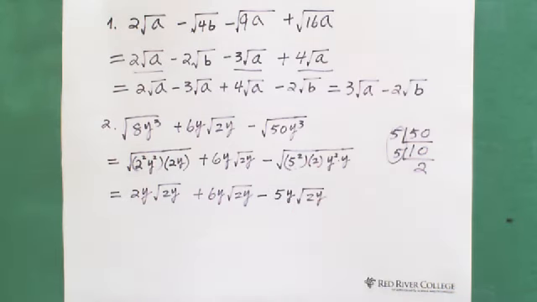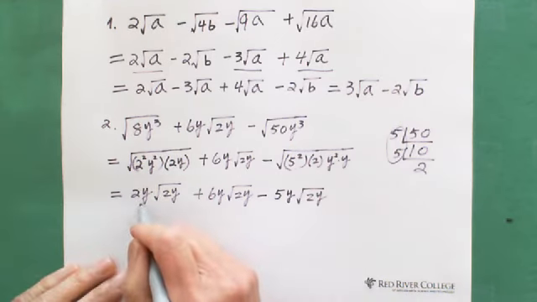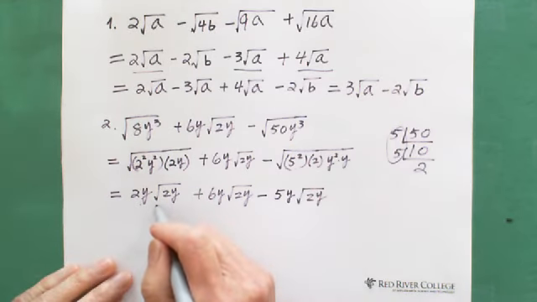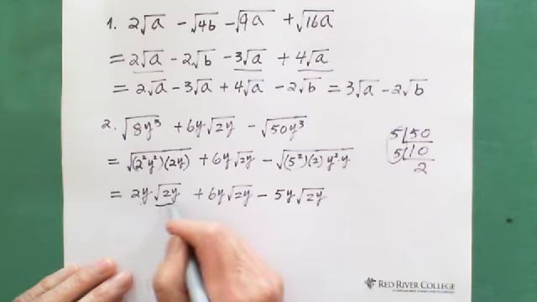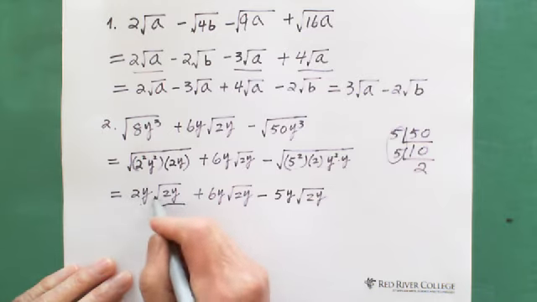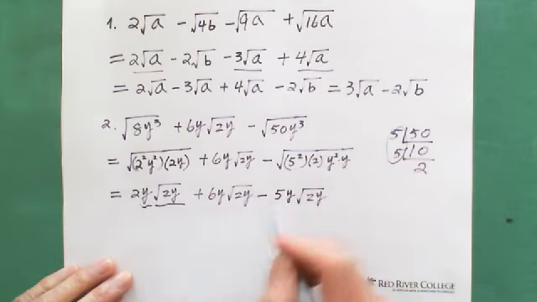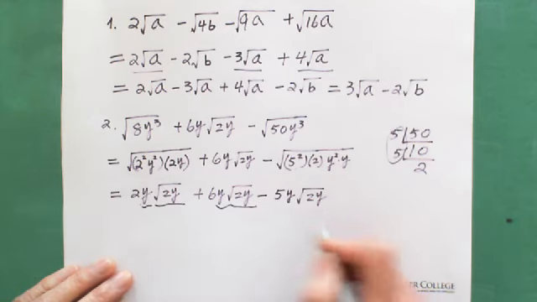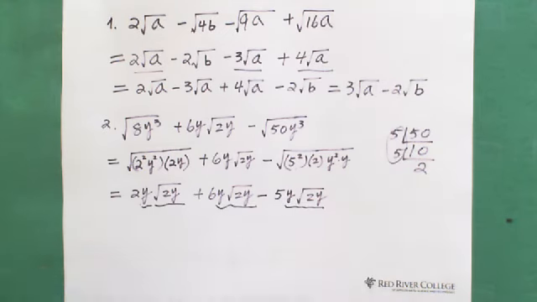In this situation, you can see inside the radical is 2y, square root 2y, and outside is y, and this is y square root 2y, y square root 2y, all the same. We treat them as similar radicals.